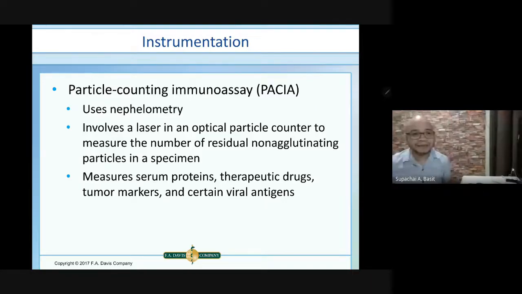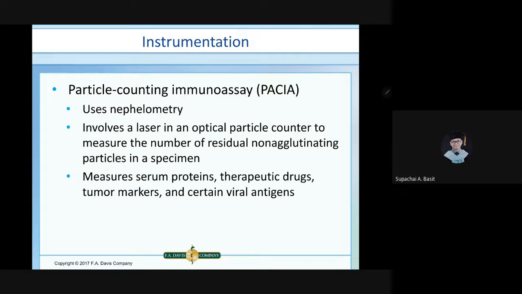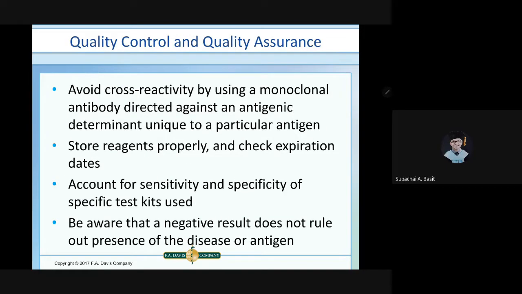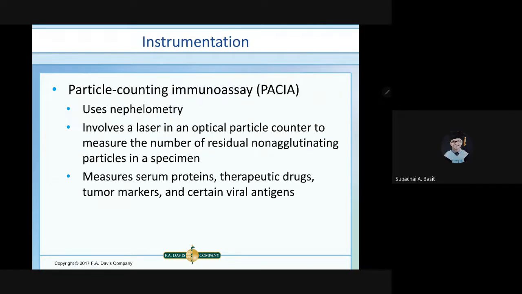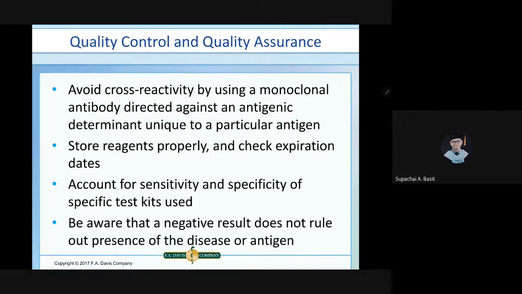Okay, so there's a light because it involves a laser in an optical particle counter to measure the number of residual non-agglutinating particles in specimen. So PACIA is very useful for the measurement of serum protein, therapeutic drugs, tumor markers, and certain viral antigen. Okay, so again, nephelometry, do not forget that. Turbidimetry is the measurement of the blocked light. Nephelometry is the measurement of scattered light.